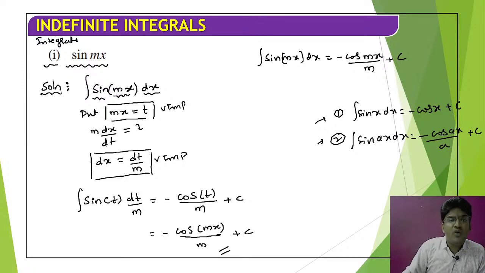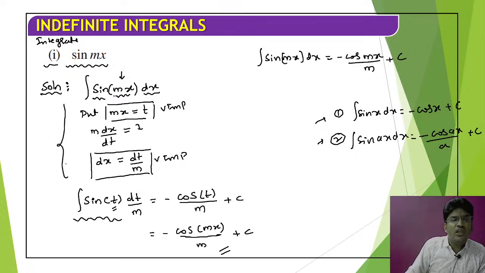Okay. So now here you are substituting mx as t. This is your substitution. So if you do this substitution, dx will change to what? dt by m. Okay. So mx will change to t, and dx will change to dt by m. So change all those terms, and now you do the integration.